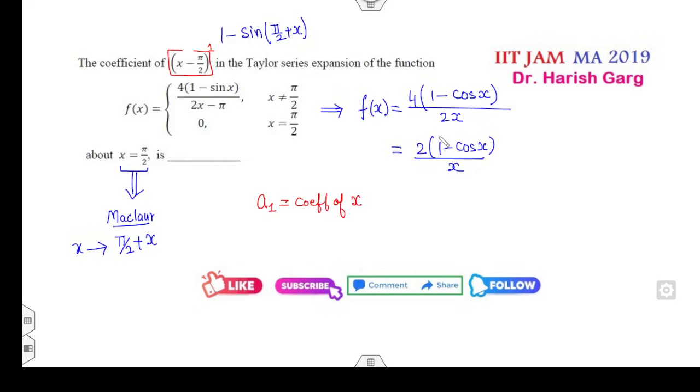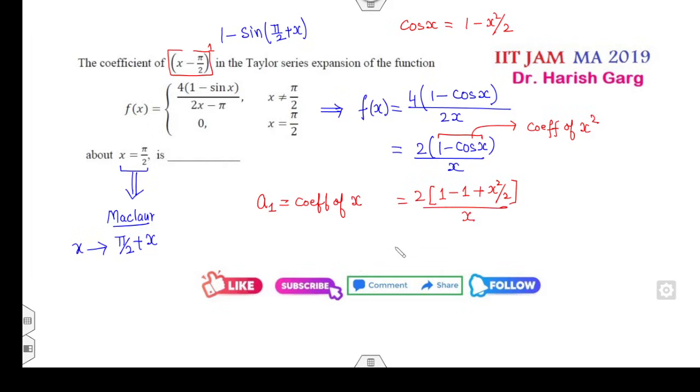Now when will x be formed? You have to write the coefficient of x square from the numerator. So what is the series of cos x up to the x square only? 1 minus x square by 2. So if you substitute in the numerator, minus minus plus x square by 2 divided by x. So what is the coefficient of x? Can you find the coefficient of x? It is 1. So the answer of the problem is 1, the right answer.